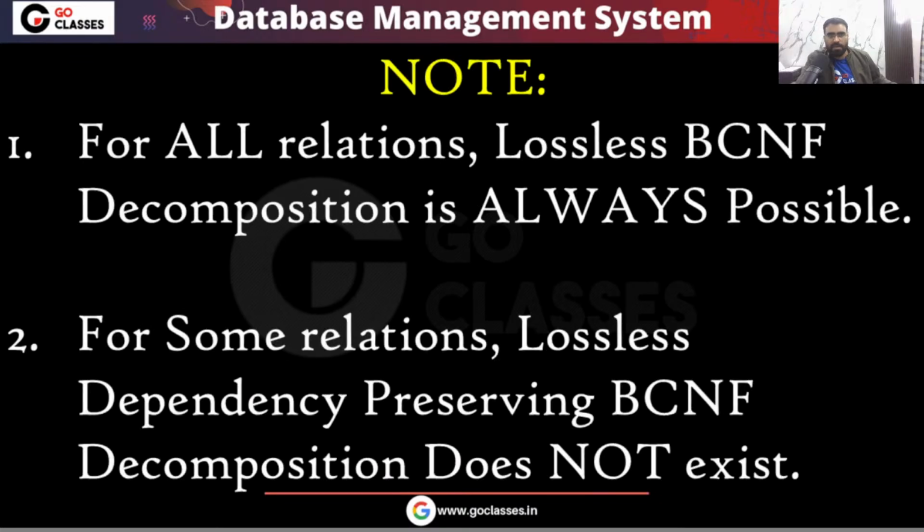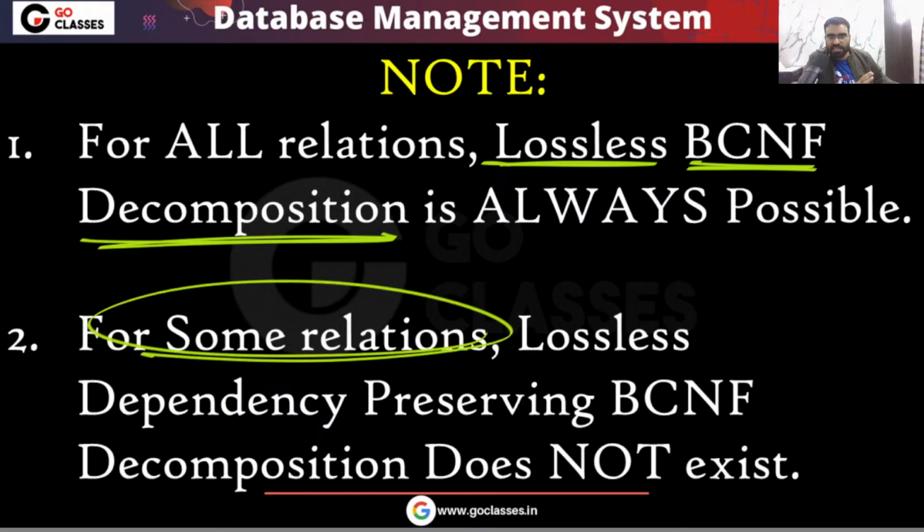Okay, now let's talk about BCNF. I told you that if you want to convert into BCNF, a lossless BCNF decomposition you can always get, but dependency preservation may not be possible. So read this: for every relation, lossless BCNF decomposition is always possible, but dependency preservation may or may not be possible.